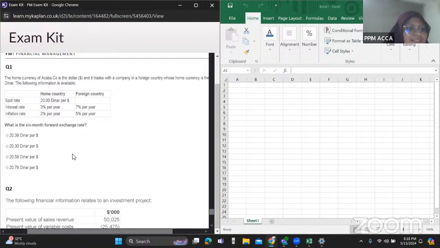It's asking, what is the 6-month forward exchange rate? So what you have to think here is, is there a particular equation that will connect the forward exchange rate with either the interest rate or the inflation rate, because those are the only two pieces of information that we have. What do you think?